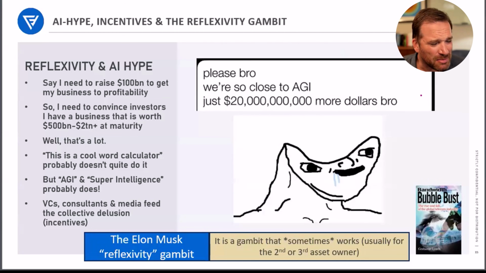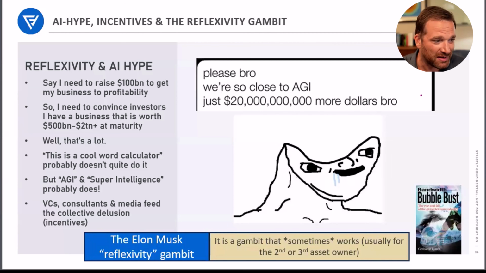I try to point out to people that AI hype is actually a very rational exercise. I kind of call it the Elon Musk reflexivity gambit. Let's say for example that I have a business idea. I need to raise $100 billion to get that business to scale. I need to convince investors that business can be worth $500 billion to $2 trillion at maturity. Well, that's a lot.